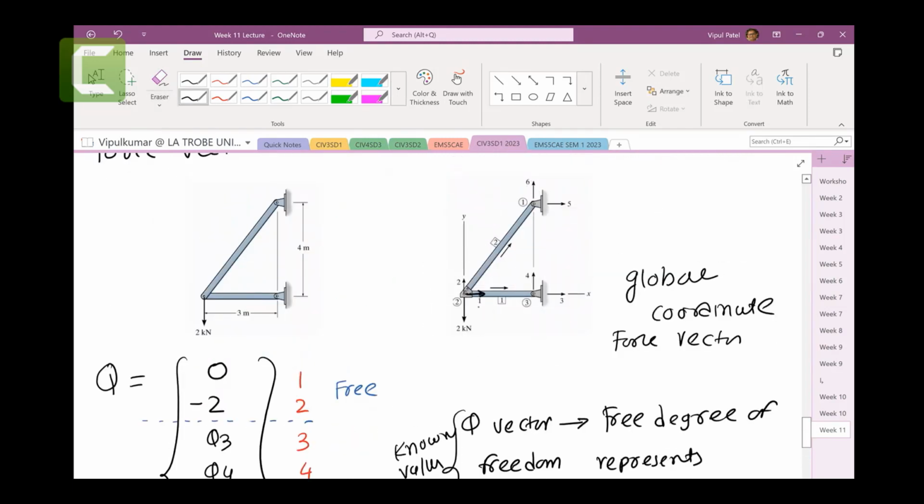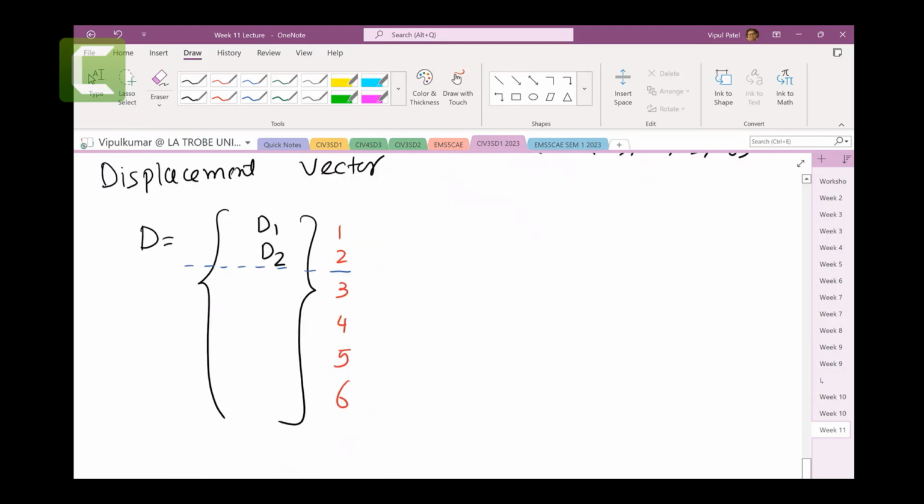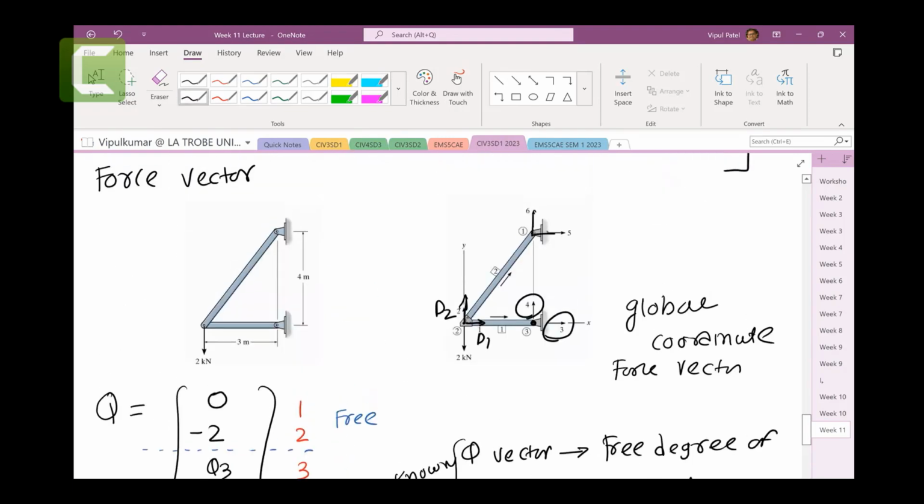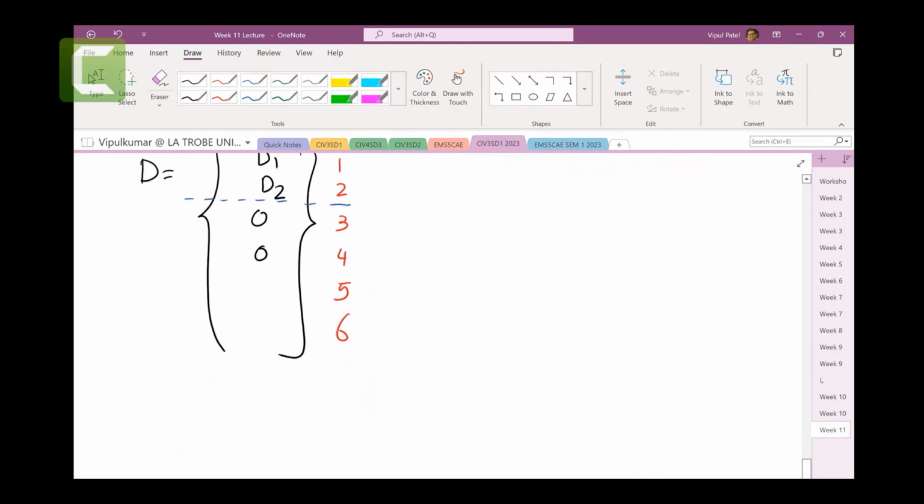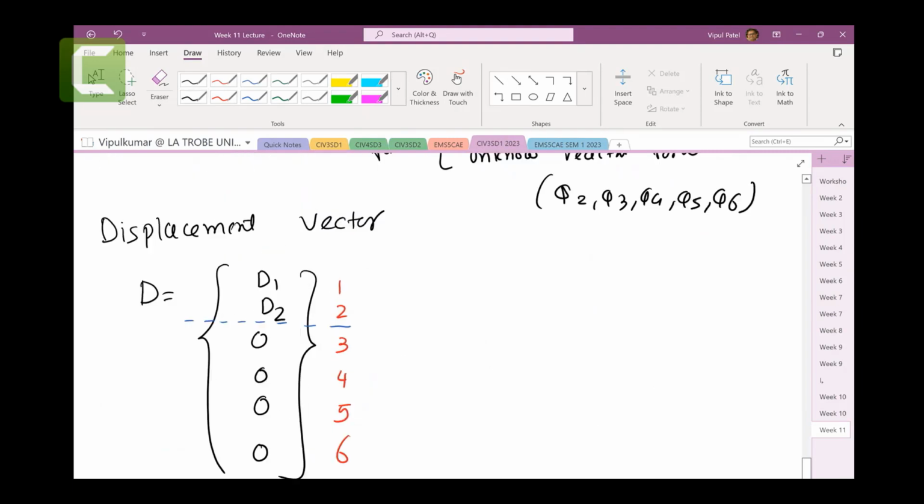What is the displacement here and what is the displacement here? We don't know. D3 and D4 are 0 because these are fixed degrees of freedom. They are 0 because there are no displacements at fixed supports, and 5 and 6 are 0 because they are fixed supports.